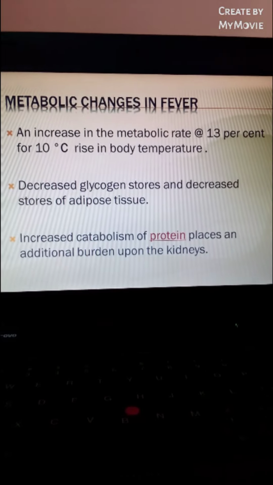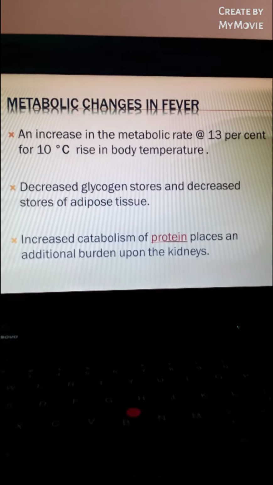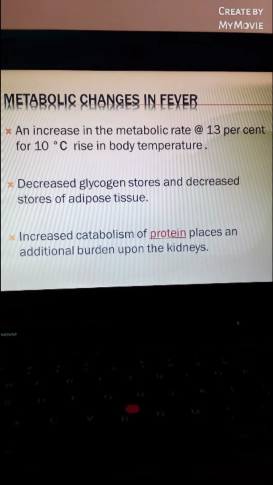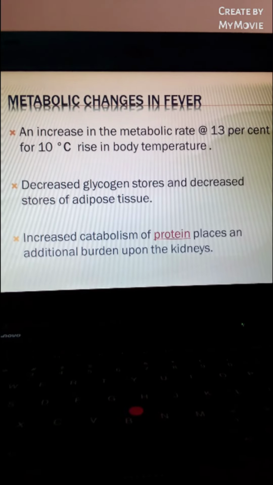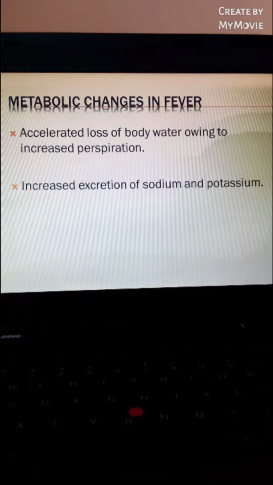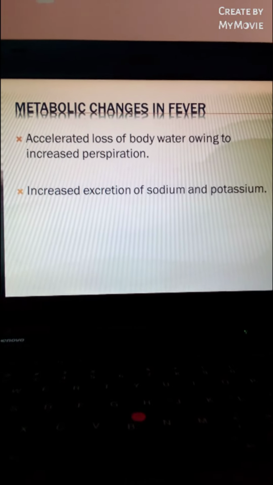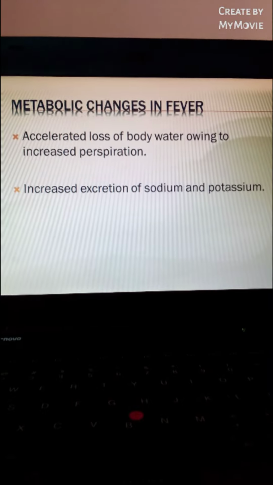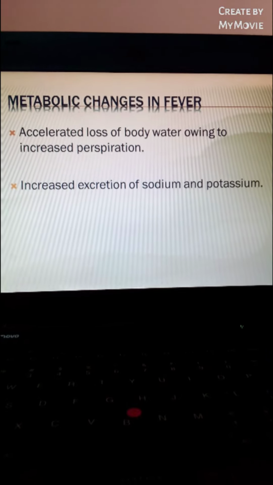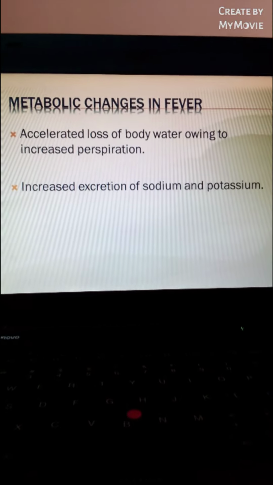There is increased catabolism of protein, that is a breakdown of protein, which places an extra burden upon the kidney, right? And more loss of water from the body due to increased sweating, and increased excretion of sodium and potassium.